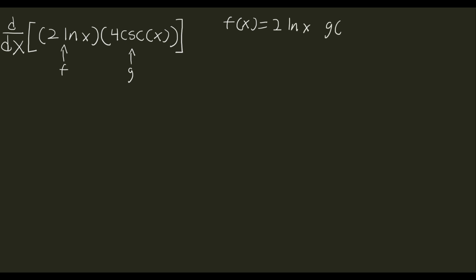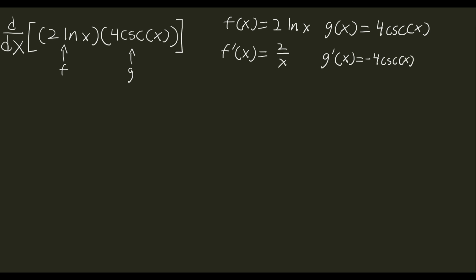G of x equals 4 cosecant x. Taking the derivatives of these functions, f prime of x would equal 2 over x, and g prime of x would equal negative 4 cosecant x times cotangent x.